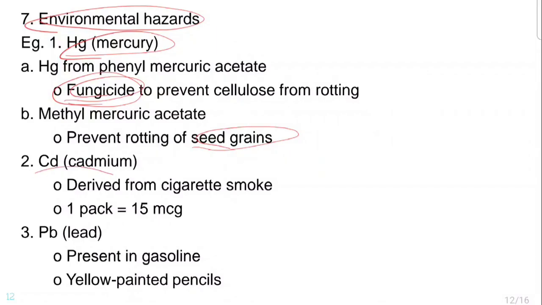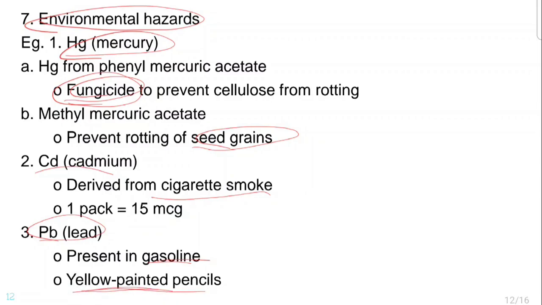Next is cadmium. This is another element derived from cigarette smoke. That's why those who have habits of smoking, it affects their enzyme activity. Then lead, this is usually present in gasoline and yellow painted pencils.